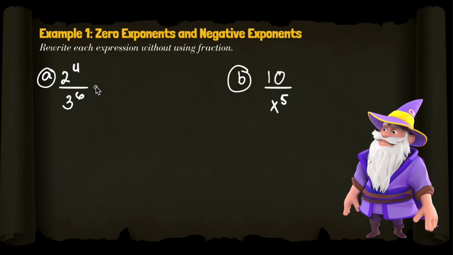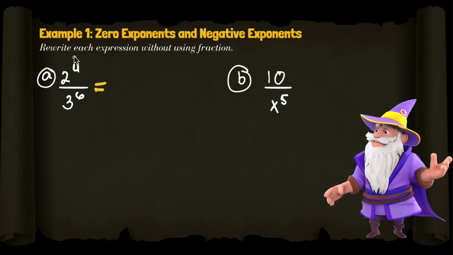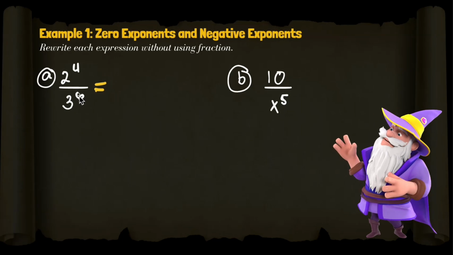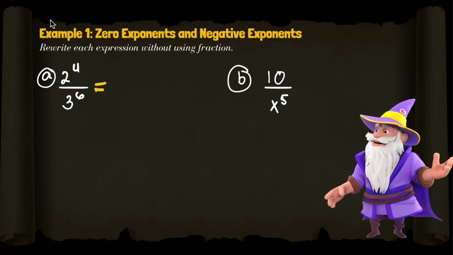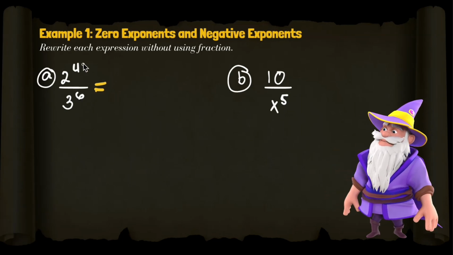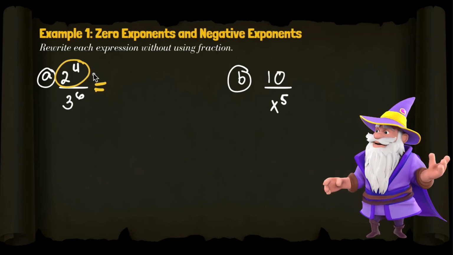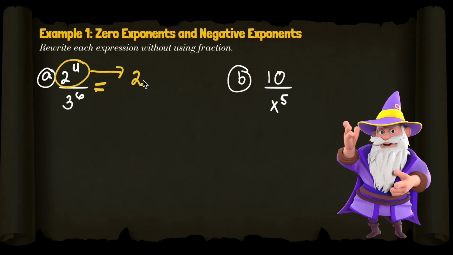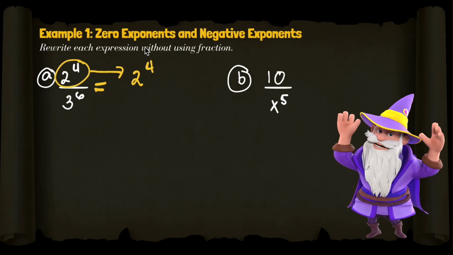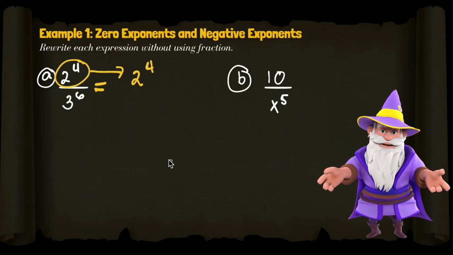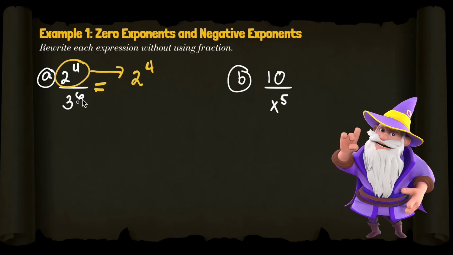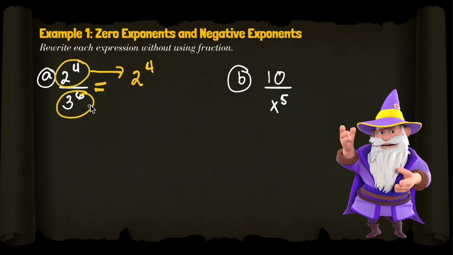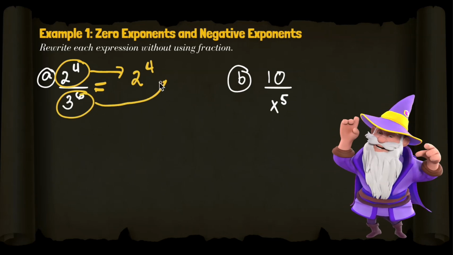Okay? The first example is 2 raised to 4 divided by 3 raised to 6. What you will do is, of course, copy 2 raised to 4 on the other side. And for 3 raised to 6, I will just lift it up.